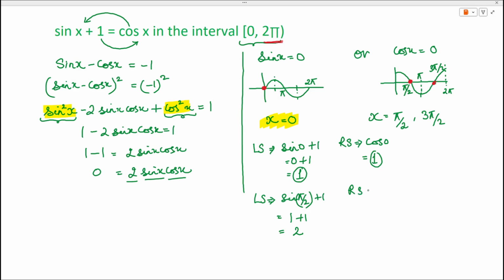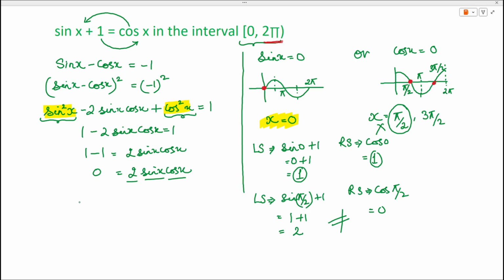And our right hand side for the original equation is cos pi over 2. But we can see over here that cos pi over 2 is equal to 0. So the left hand side is not equal to the right hand side. So this is not a solution to our given equation.